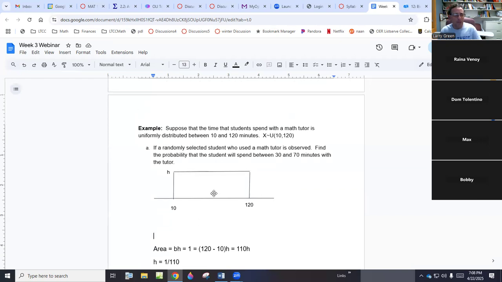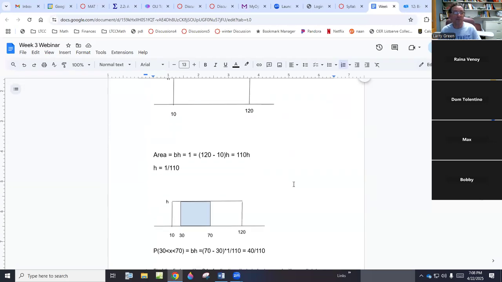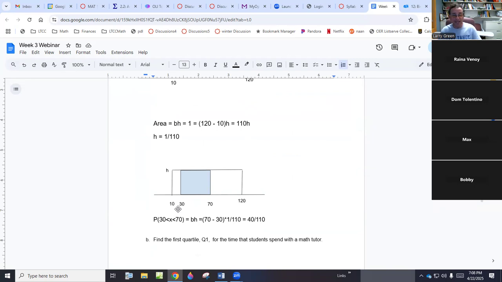Okay, then we want to find out the probability that the person's going to spend between 30 and 70 minutes. So now I'm going to add to the picture the numbers 30 and 70, and the probability will be the area between 30 and 70, or the area of this smaller rectangle. Do you see how that works? So the probability of being between 30 and 70 will be the area of the smaller rectangle, which is base times height.